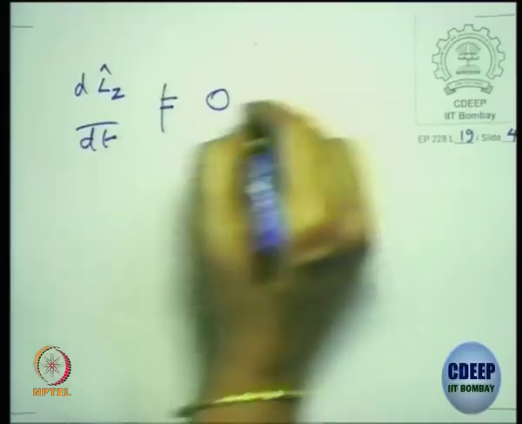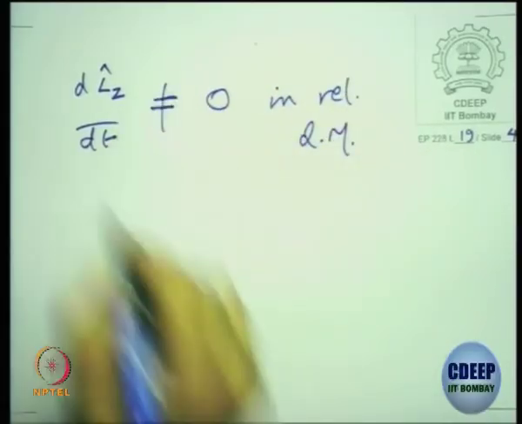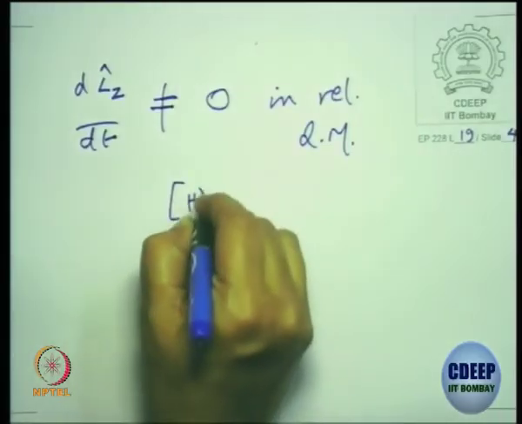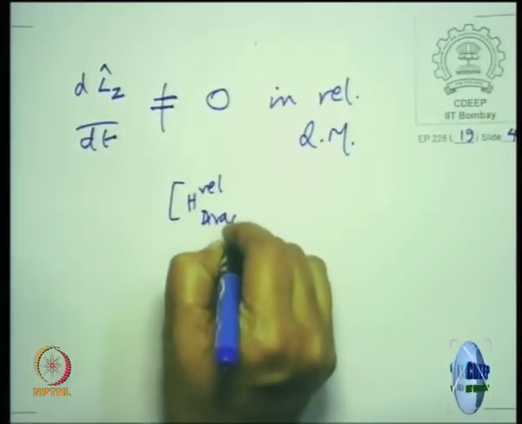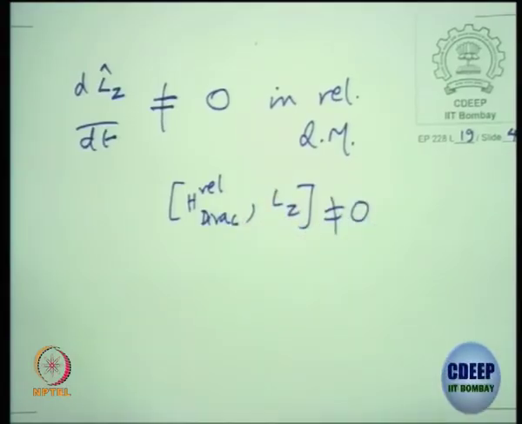But this is non-zero in relativistic quantum mechanics, because the relativistic H, which is the Dirac Hamiltonian, with Lz is non-zero. This you don't see in your Schrodinger equation.